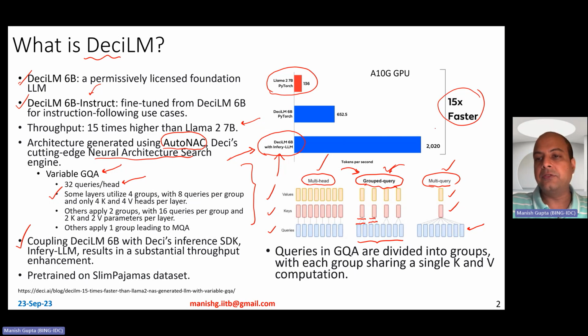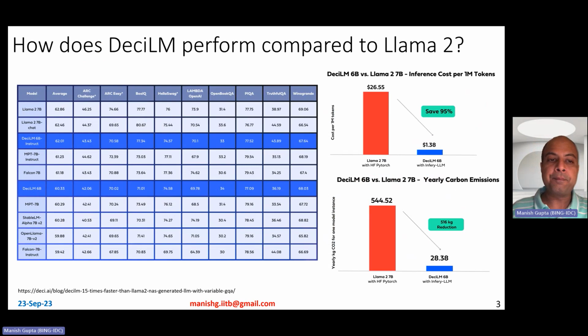That really leads to this 15x faster throughput. The DeciLM model itself has been pre-trained on the SlimPajama dataset, which is openly available on Hugging Face as well. So when you get this high throughput, does it mean that the model does not perform that well? Are there performance implications?